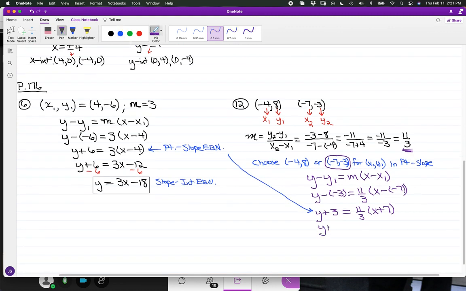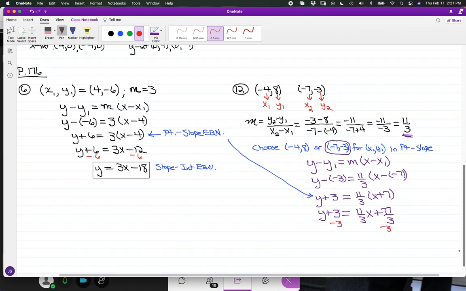Looking at distributing on the right, we have y plus 3 is equal to 11/3 of x, and 11/3 times 7 is going to be 77/3. Upon taking 3 away from both sides, we still have 11/3 of x.